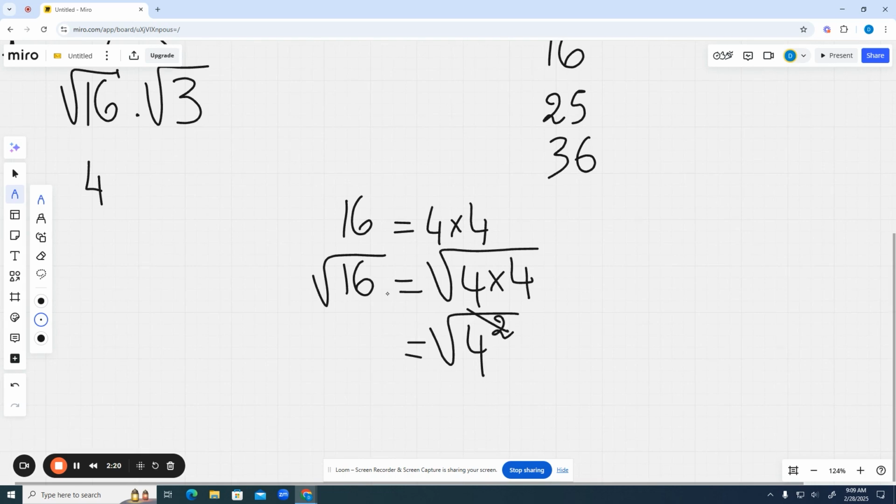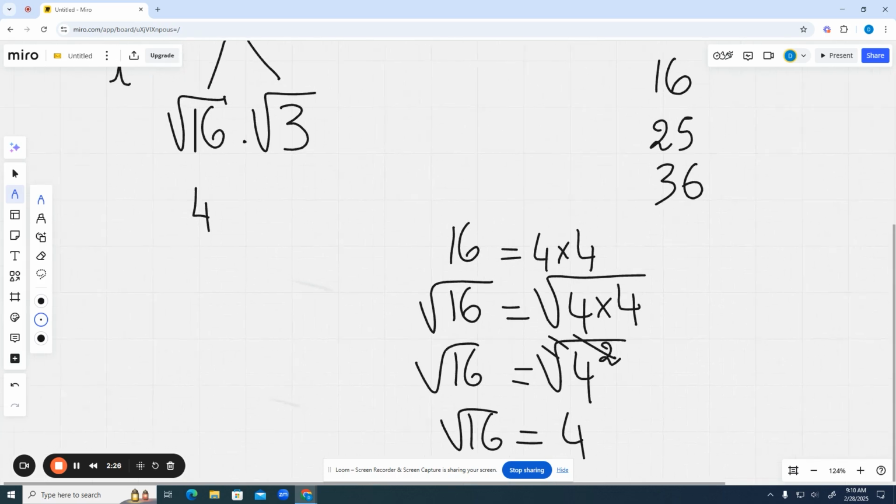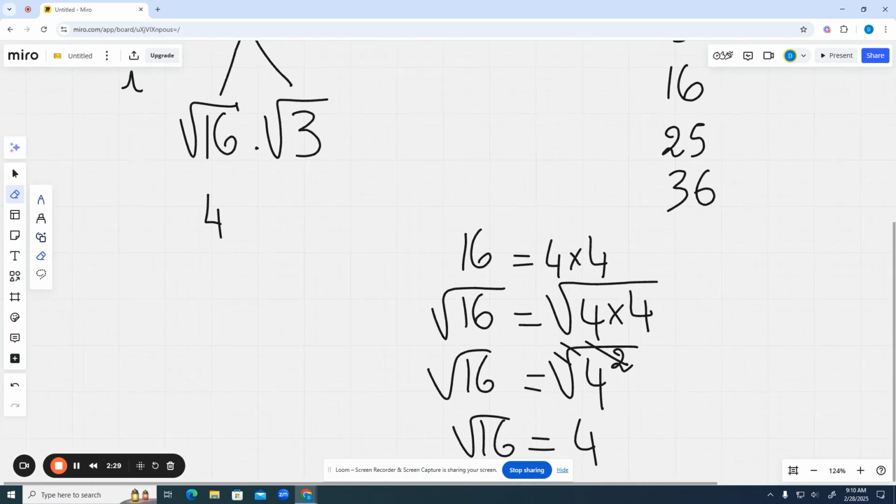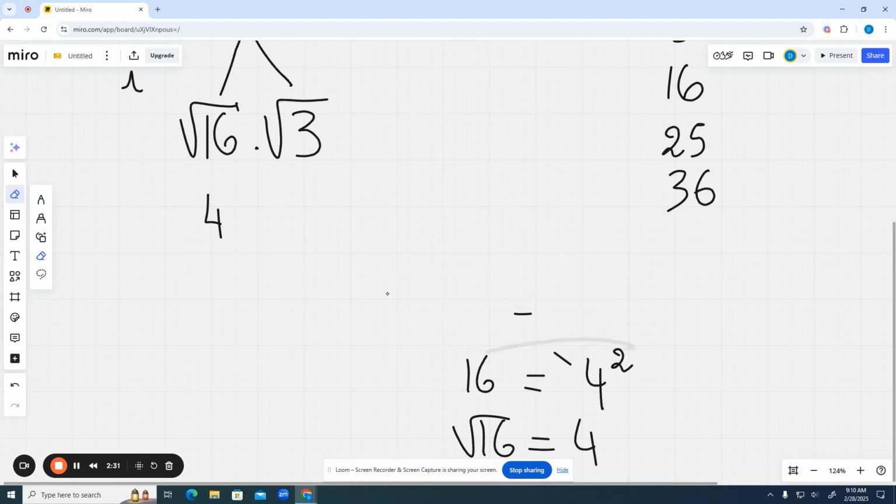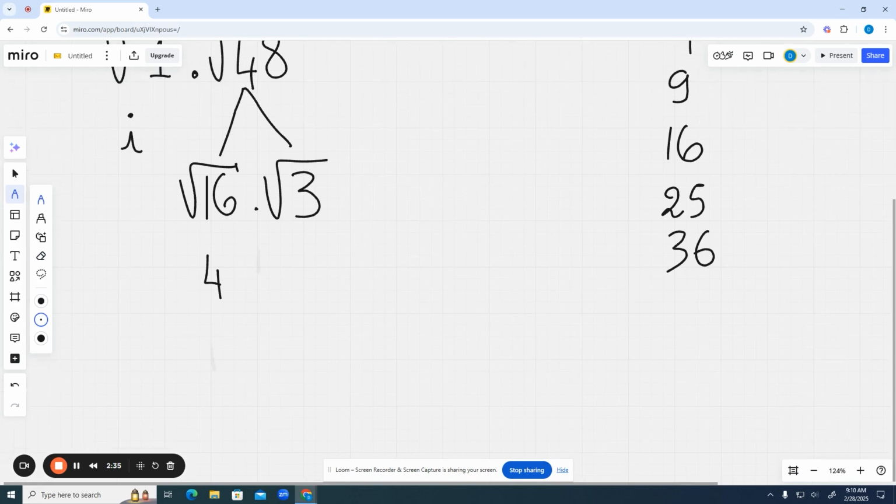And we know the square cancels the square root, so we're going to end up with 4. This was just a short explanation. Let's go back to our main example.